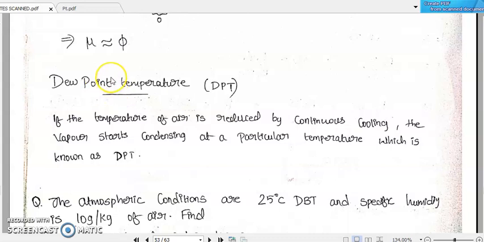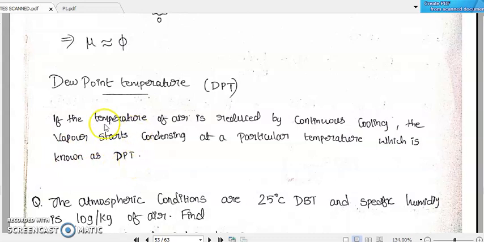But we know that there was no rain during the night. What happened? If the temperature of air is reduced by continuous cooling, at one point the water vapor in that air will start to condense at a particular temperature, and that temperature is called the dew point temperature.